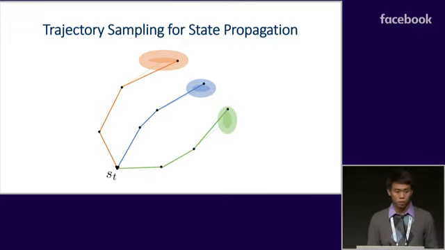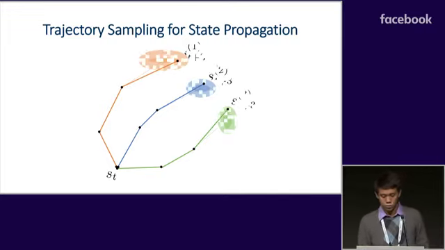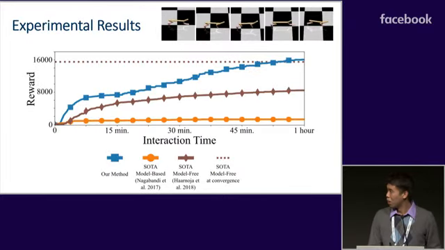And so how well does our method perform? Here we have our method in blue, the state-of-the-art model-free methods in brown, and a prior model-based method in orange. And so we can see that our method is able to achieve the asymptotic performance of the model-free algorithm while requiring significantly less data.